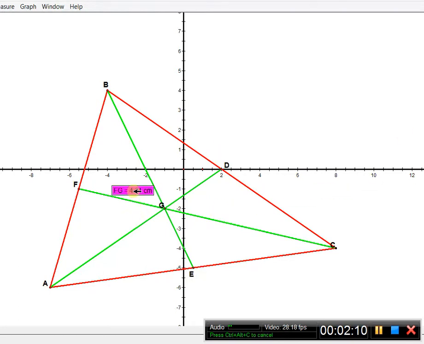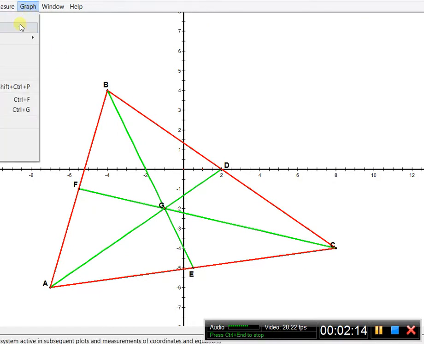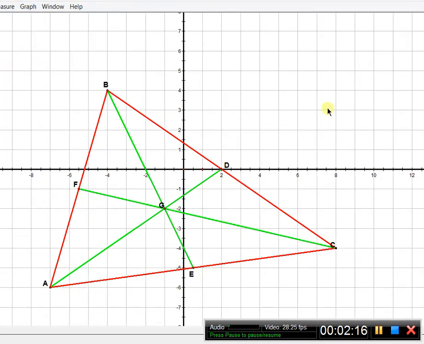I'm going to throw up a grid here now, and we're going to look at the coordinates. First of all, to get the midpoint of each side, you look at the coordinates of each point. So this is -4, 4, and this is 8, -4.